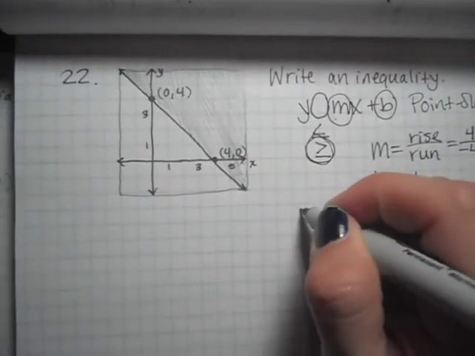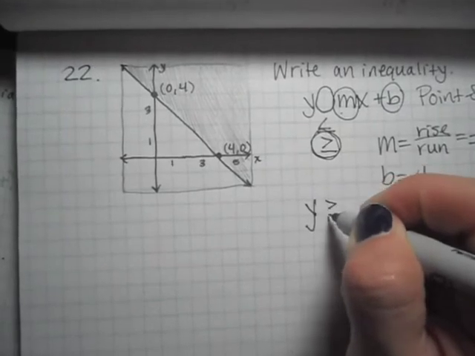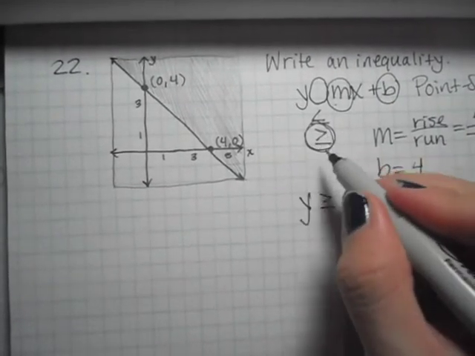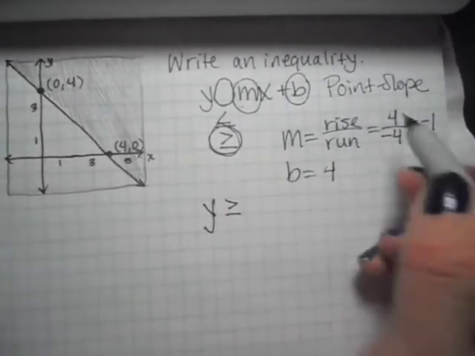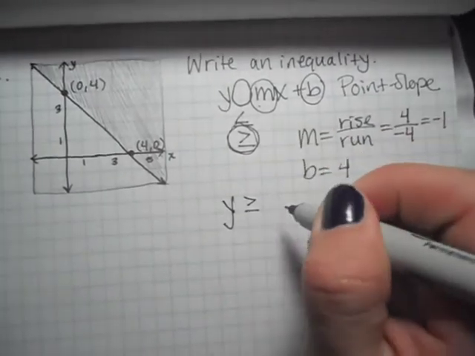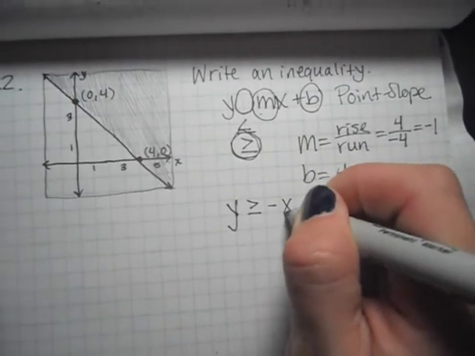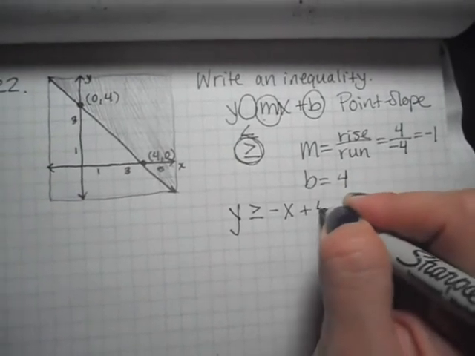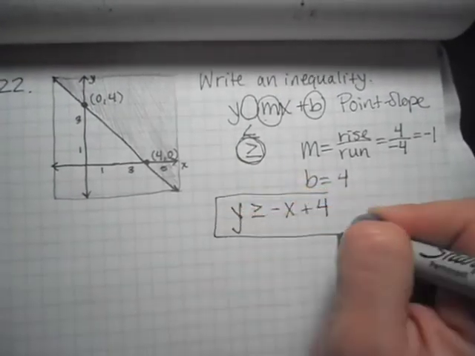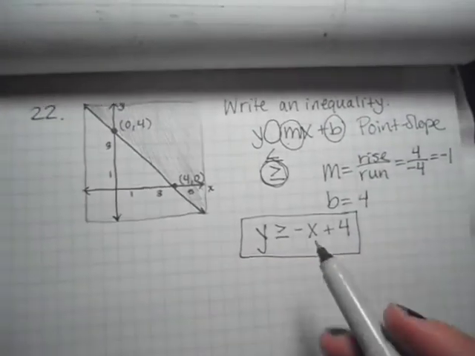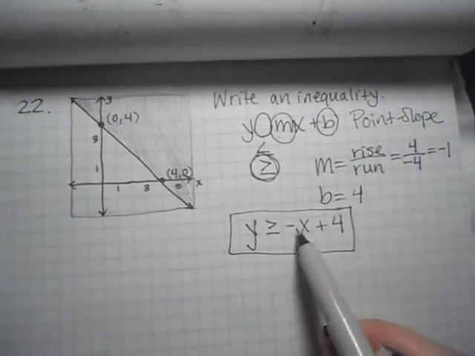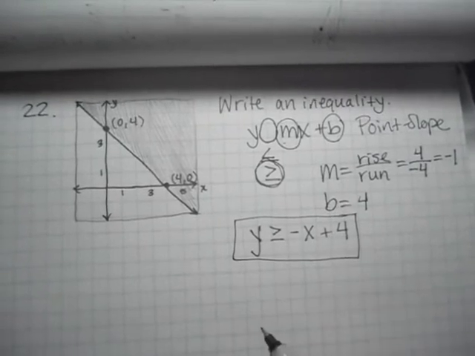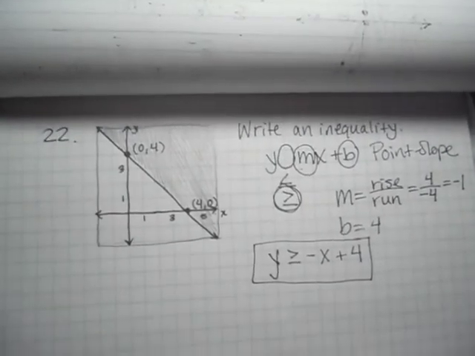So y is greater than or equal to, because that's the one we chose, m is negative 1 times x, so I'll say negative x, positive 4 is our b. So the inequality for the graph shown is y is greater than or equal to negative x plus 4. And that's how you do number 22.